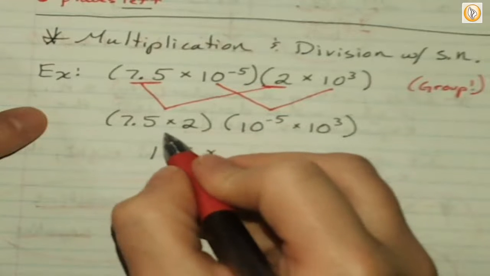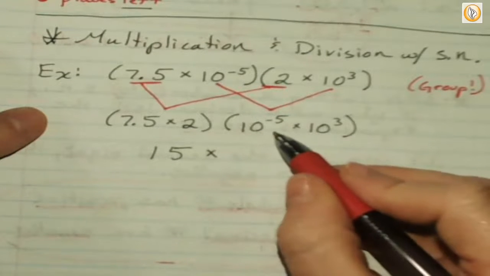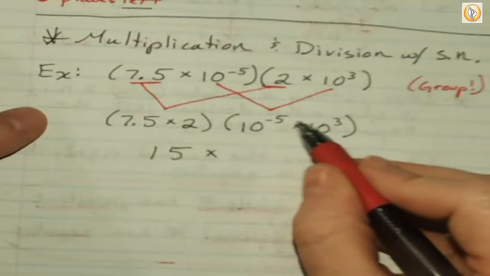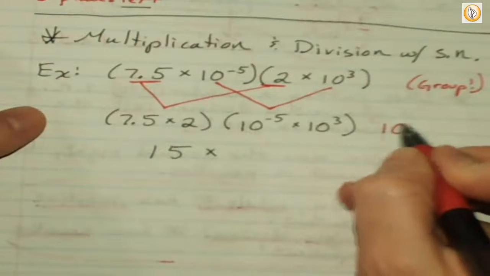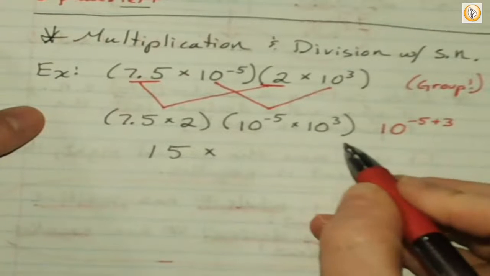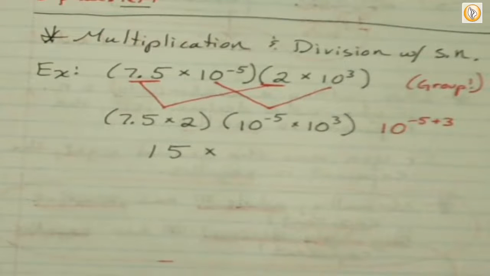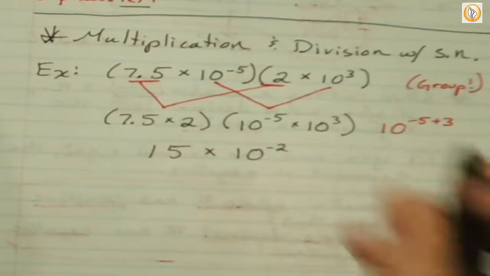Times, now remember, if the bases are the same and we're multiplying, what do we do to the exponents? Add. So that would be 10 to the negative 5 plus 3, which gives you what? Negative 2. So it would be times 10 to the power of negative 2.